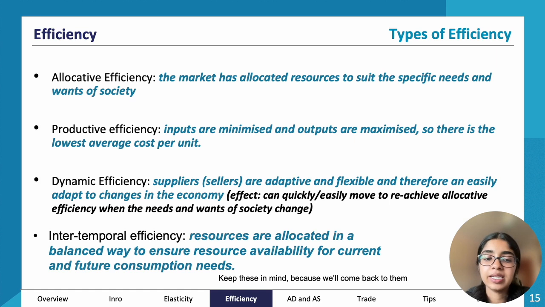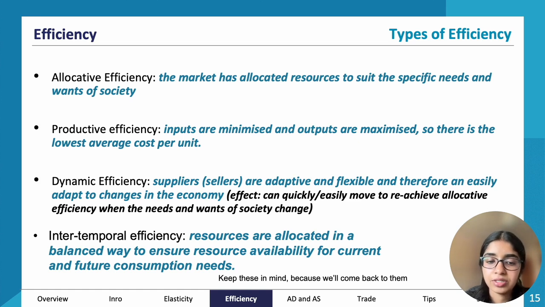And then finally, we come to intertemporal efficiency. So this is a bit of an interesting one. The first three are all about the current living standards. But intertemporal efficiency is about allocating resources so that you can also maximize the living standards of future generations as well. So it's all about sustainability.